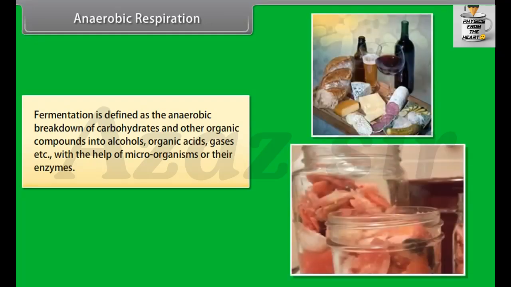Fermentation is defined as the anaerobic breakdown of carbohydrates and other organic compounds into alcohols, organic acids, gases, etc. with the help of microorganisms or their enzymes.